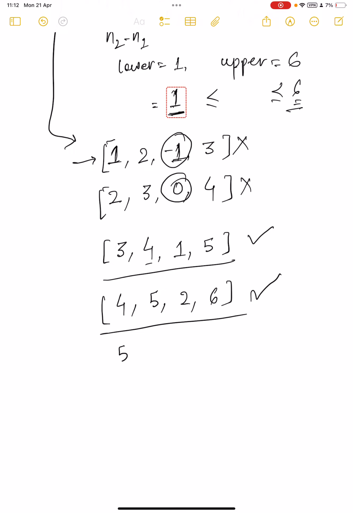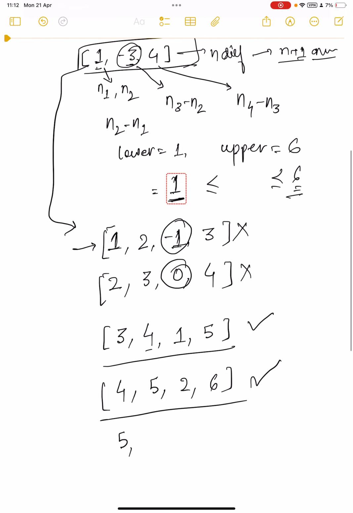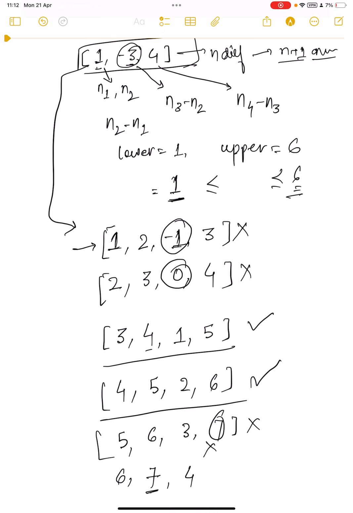And similarly, we can try with 5, then 6, and then 3, and then 7. Then you will see this is going out of range, so this can't be the one. And similarly, we can try with 6, then 7, then 4, and then 8. So these two are going out of range, so this can't be the sequence.